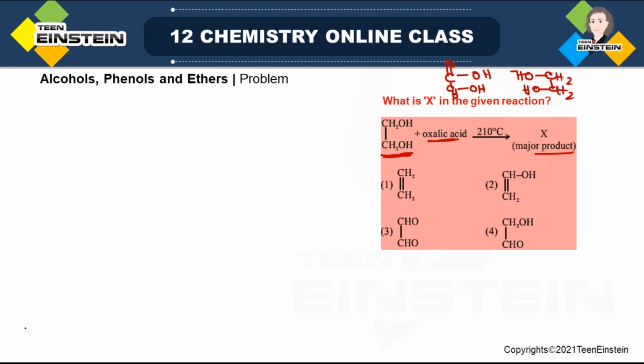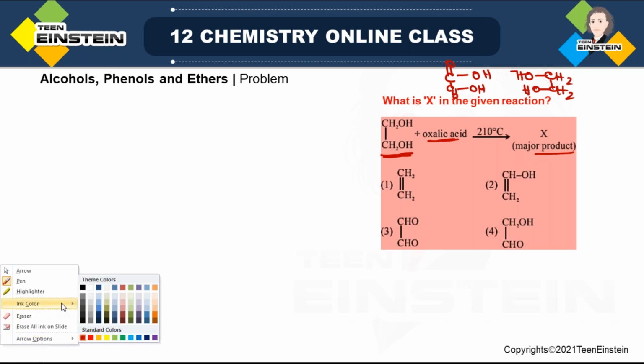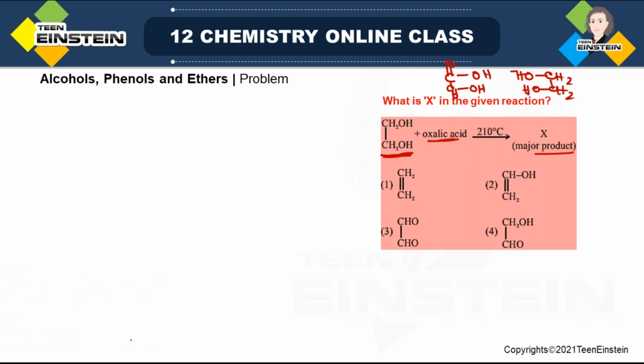So this is basically a primary alcohol plus a carboxylic acid. But the unusual thing is that here you have two OH groups in the same molecule and two CO2H groups in the same molecule. So it is possible that you can first think that two water molecules can be removed and you can get a cyclic type of structure, right?